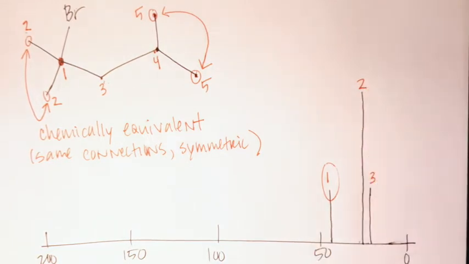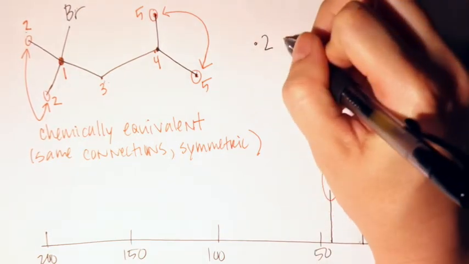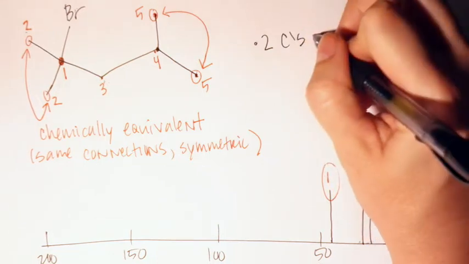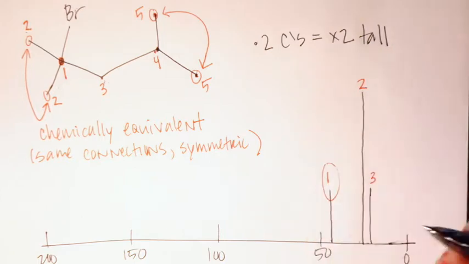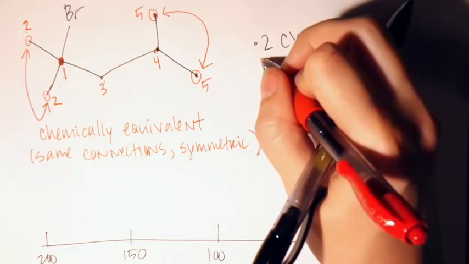So the peak that represents those 2 carbons is going to be roughly twice as tall. Again, if you have 2 carbons, its peak is going to be twice as tall. And again, that's due to symmetry in the molecule.